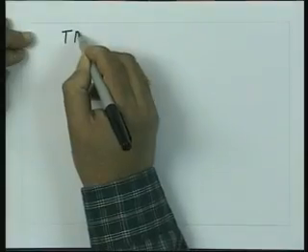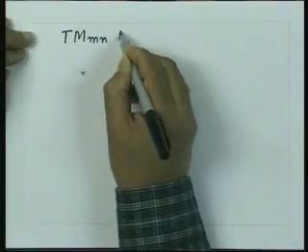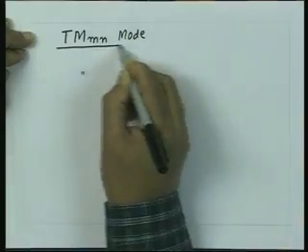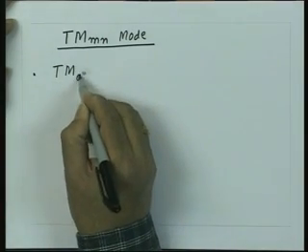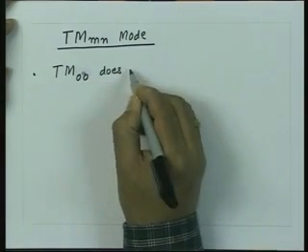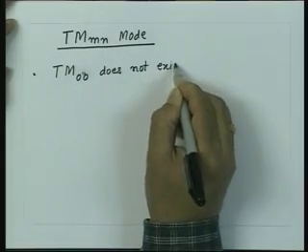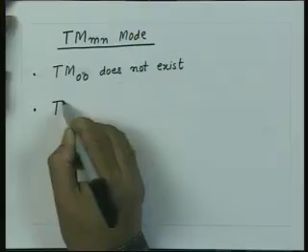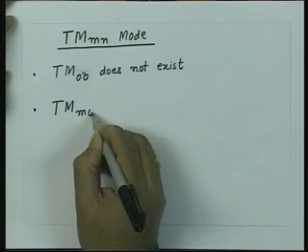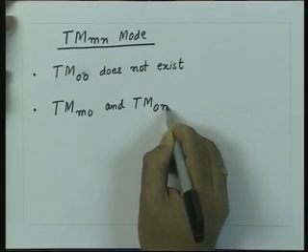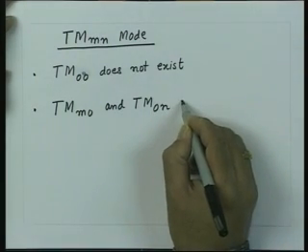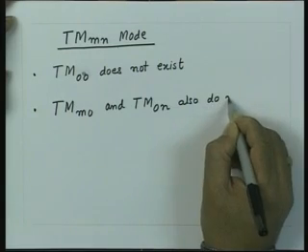So, now we have some important conclusions drawn from this analysis for transverse magnetic mode. So, we have a TM MN mode. The first conclusion which we have is TM 00 does not exist. We also conclude that TM M0 and TM 0N also do not exist.